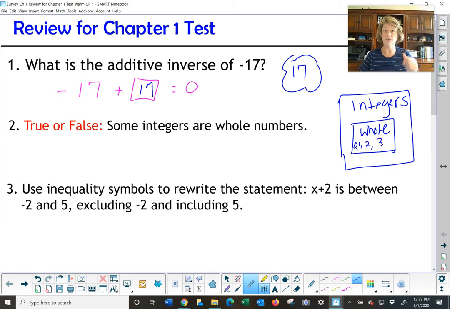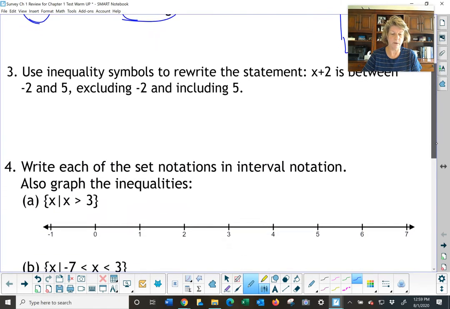They are integers, aren't they? Yeah, all the whole numbers are integers. So some integers, yep, some of them are whole numbers. But then there's a whole bunch of integers that are not whole numbers, that fall outside the whole number system. So this would be true. There are some integers that are also whole numbers.